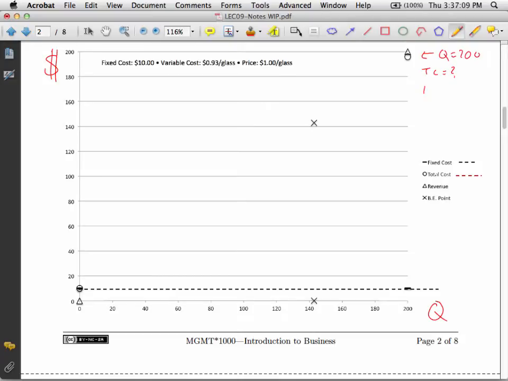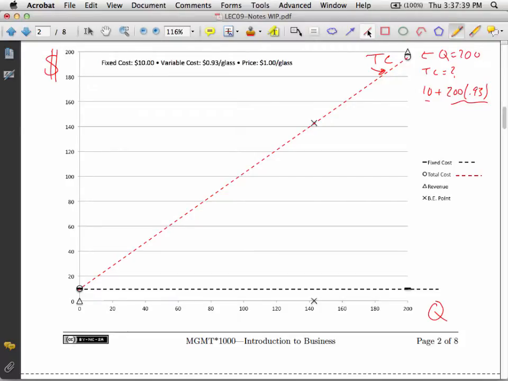Well, it's going to be $10 of fixed cost plus 200 glasses times 93 cents of variable cost. This is $186 plus 10 is $196. So my total cost goes like this. There we go. So this is my total cost line right here.